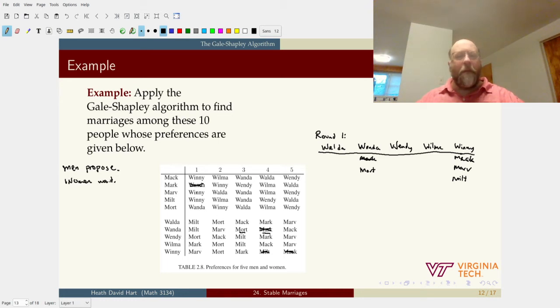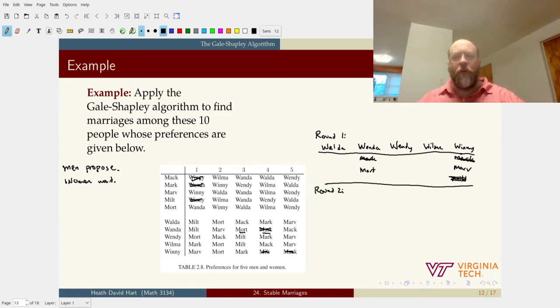And so Mac and Milt do not get paired with Winnie. All right. And so round one, we have two people who are partnered up and three people who are back in the stag pool.